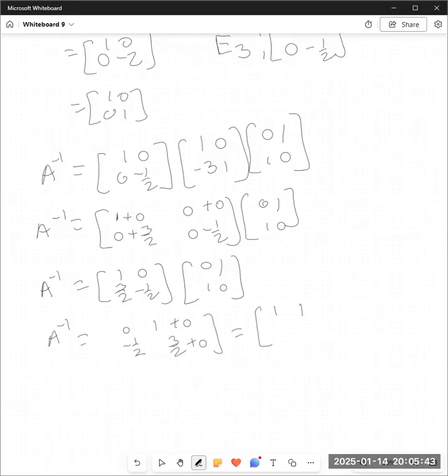How did I say 1? That's 0. So this is 0, 1, -1/2, 3/2. Which is right, it should just flip-flop the columns there.